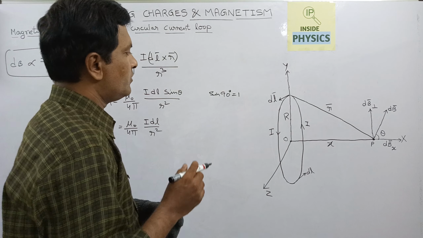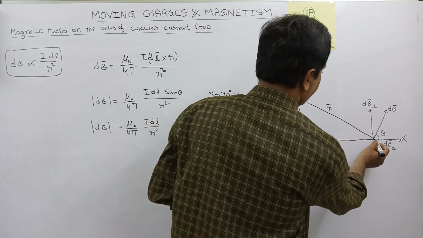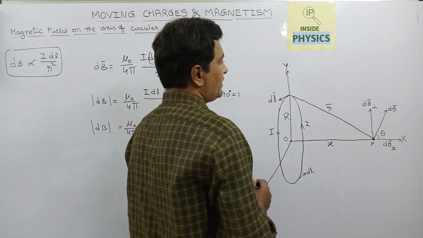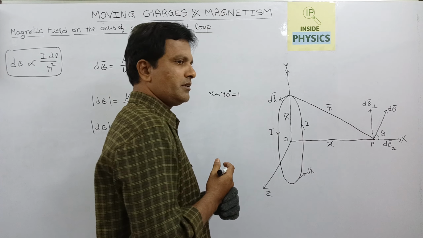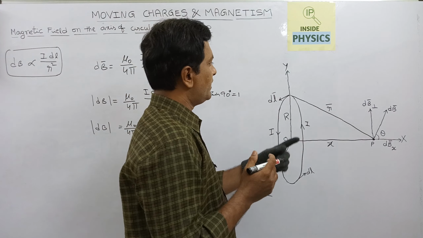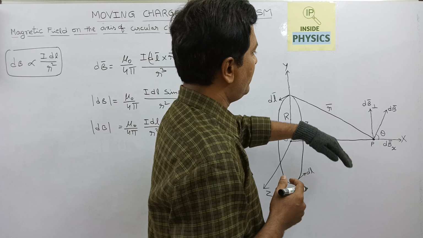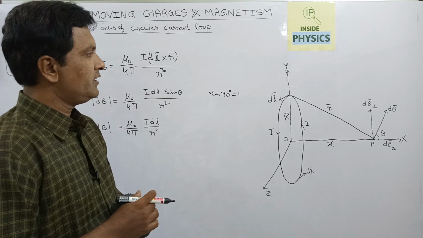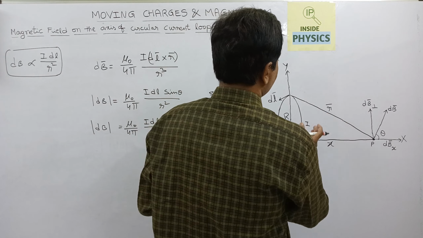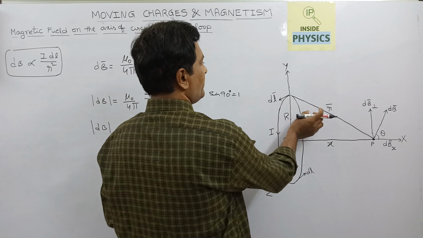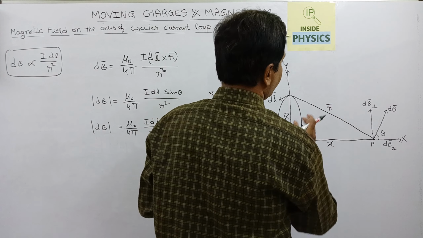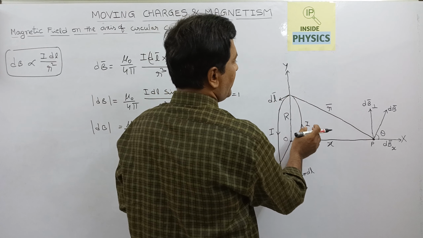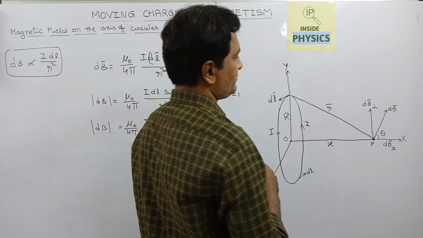So now we come to the point here where, on the axial line, if you observe, the magnetic field produced is always perpendicular to the plane containing the current element and the position vector. You should listen carefully. The magnetic field produced due to this current element is perpendicular to the plane containing the current element dl bar and the position vector.